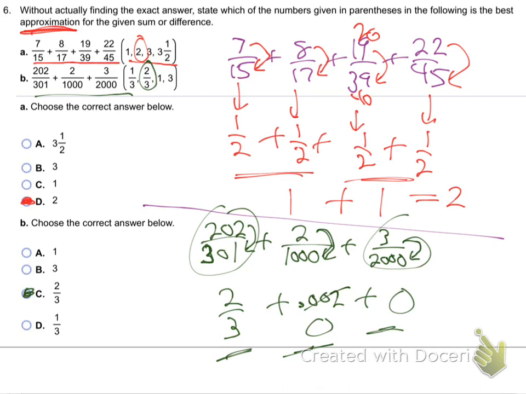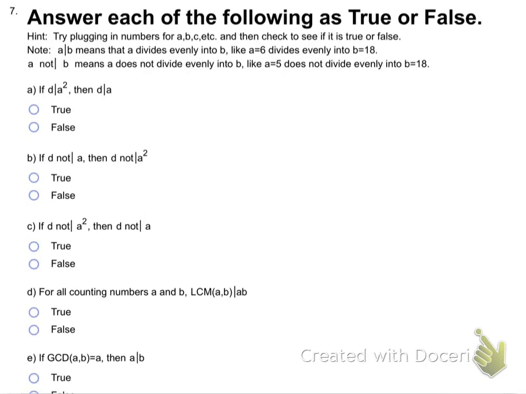There we go. Okay, so now number 7. If D divides A squared, then D divides A. Remember, these are the ones you're supposed to put numbers into. So let's try it out, and we're looking for false. So if D divides evenly into A squared, then D divides into A. Okay, let's try a number.